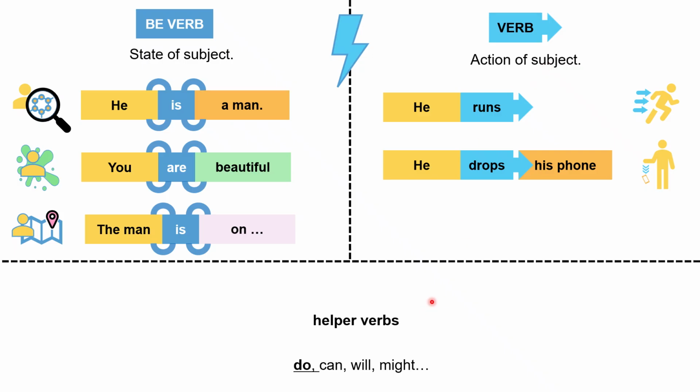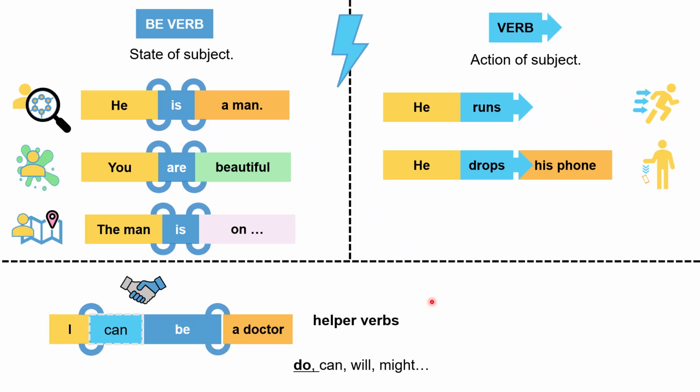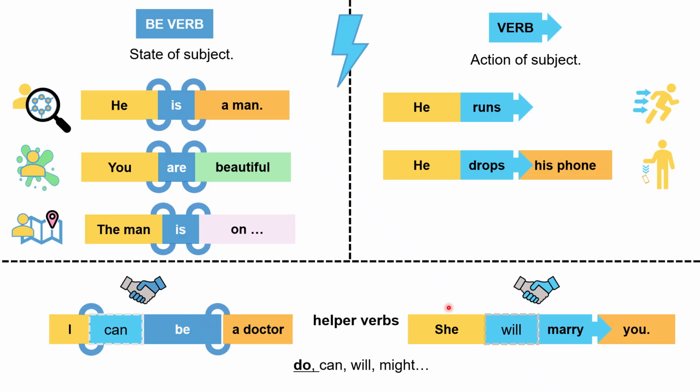For example, I can be a doctor. We can put can with the be verb. Or she will marry you. The helper verbs work with other verbs.